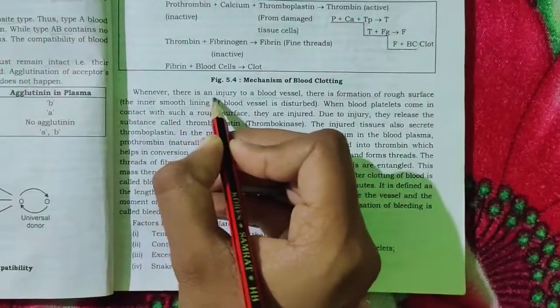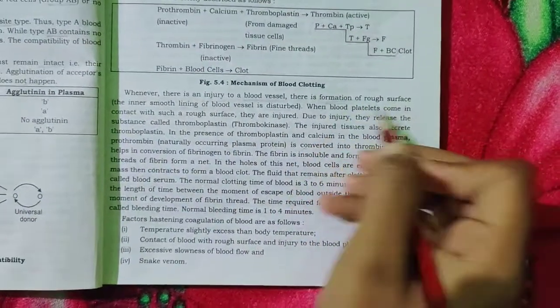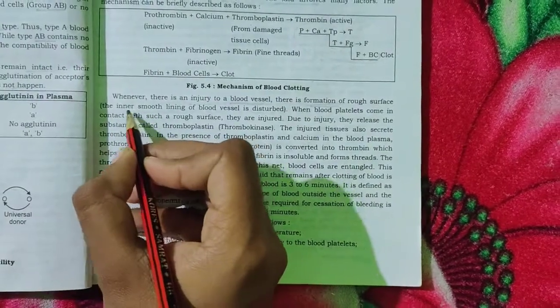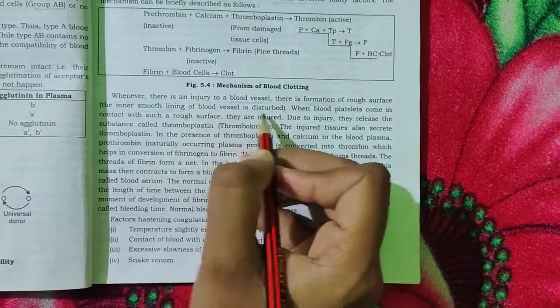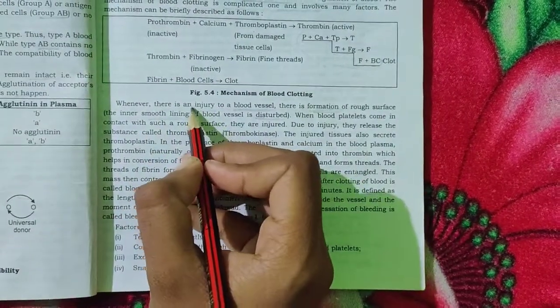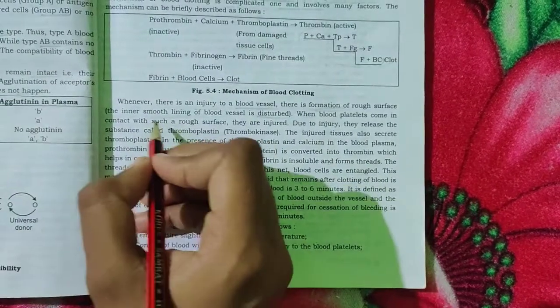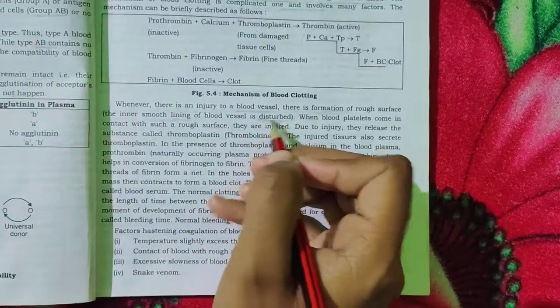Whenever there is an injury to a blood vessel, a rough surface forms, as the inner smooth lining of the blood vessel is disrupted.